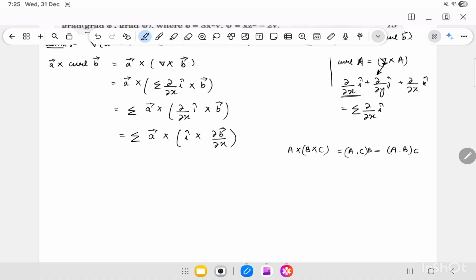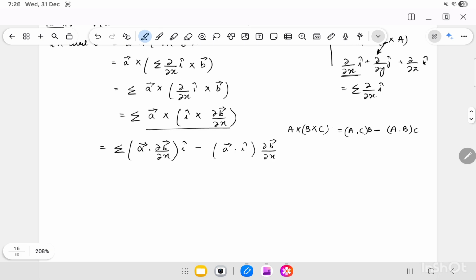So using this relation, this basically opens up as summation a vector dot del b by del x times i cap minus a vector dot i cap times del b vector by del x.